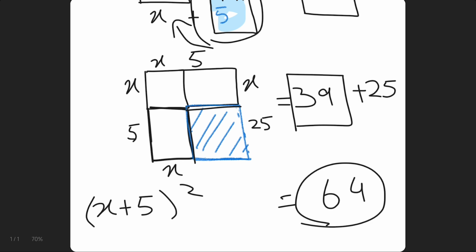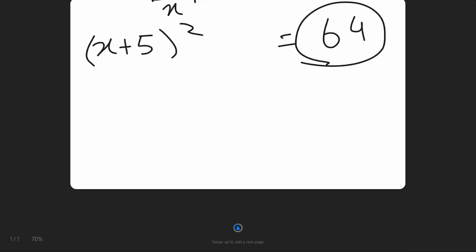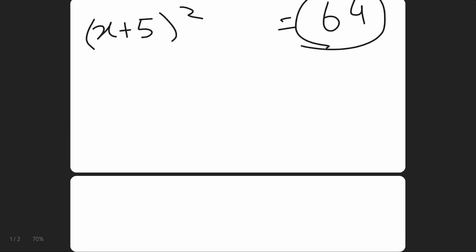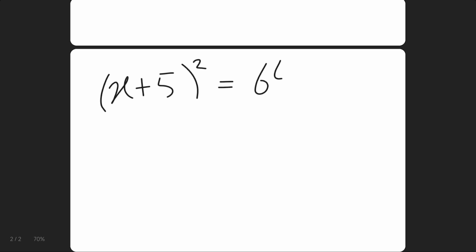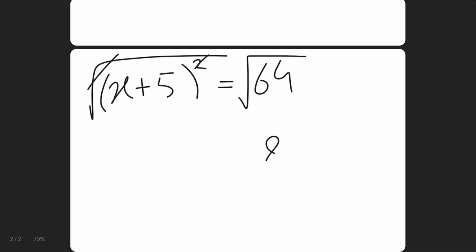Now, many of you may already know how to solve this from here, but for those of you who still have no clue, let me help you out a bit. We have x plus 5 squared equals 64. Let's take the square root of this and on the other side as well. The square cancels out and the square root of 64 is 8.